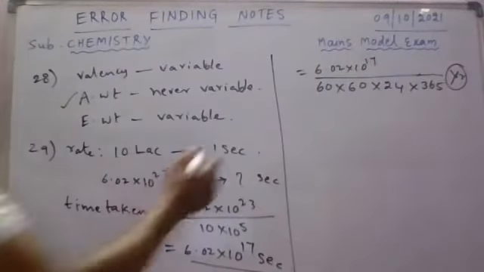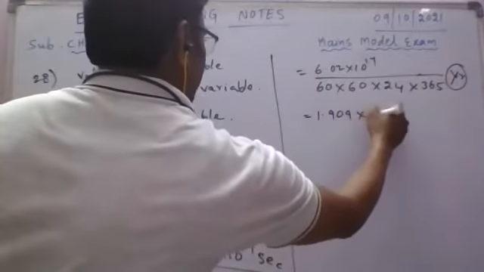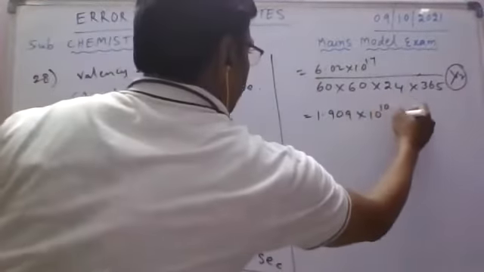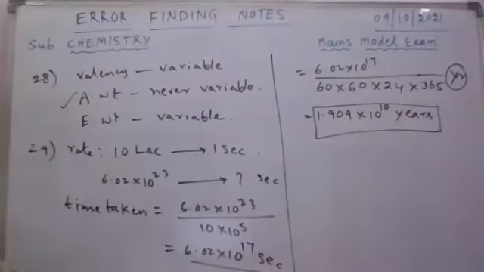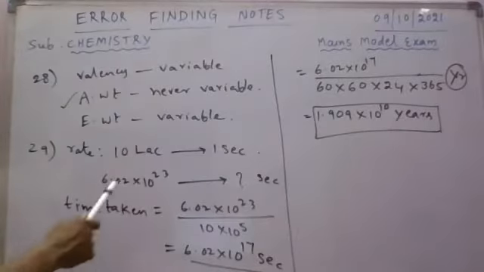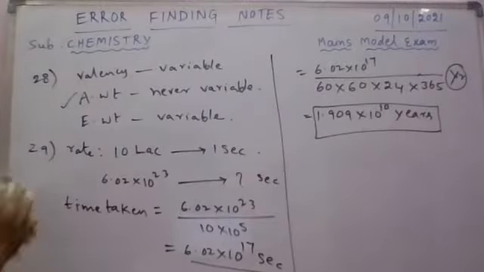If you simplify this, you get 1.909 into 10 to the power 10 years. This is the time taken for spending Avogadro number of rupees at the rate of 10 lakh rupees per second.